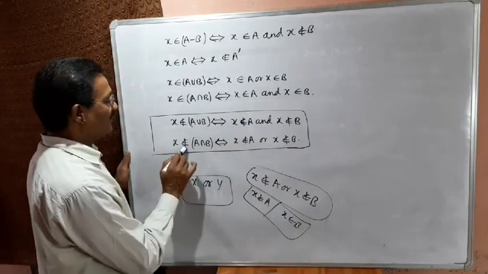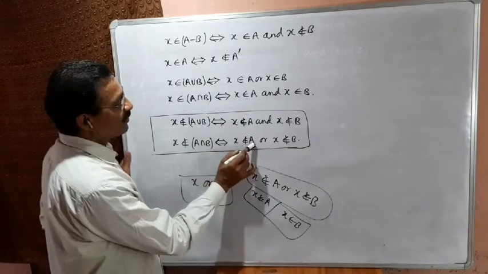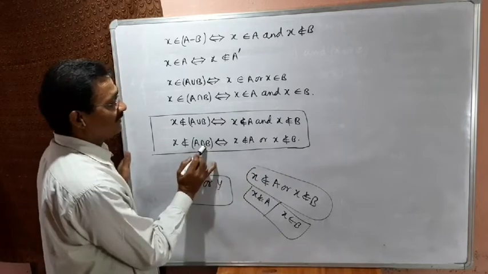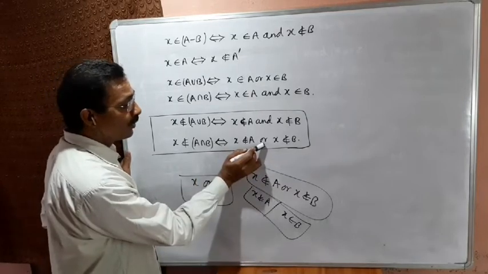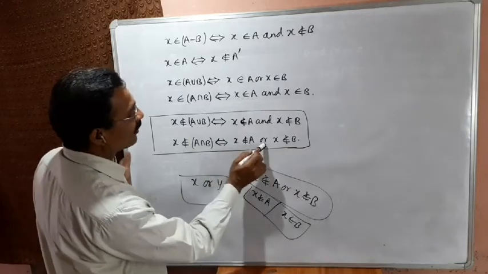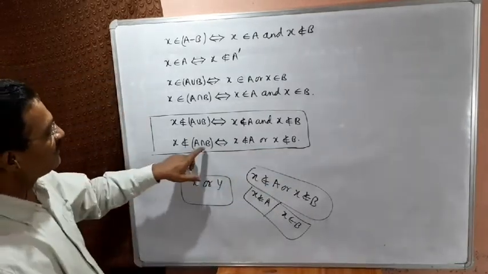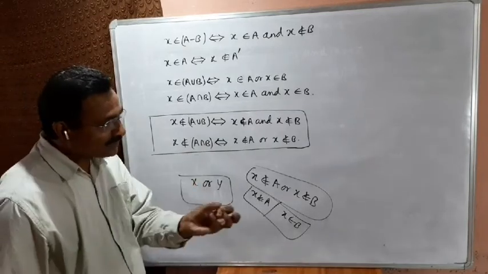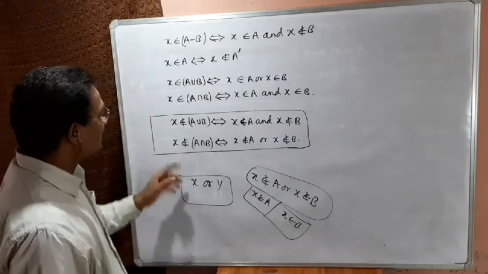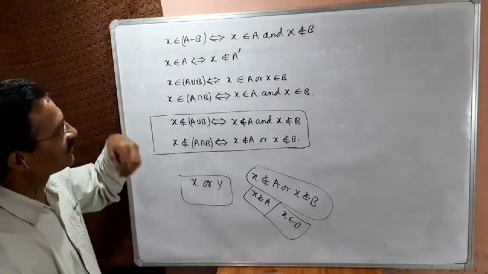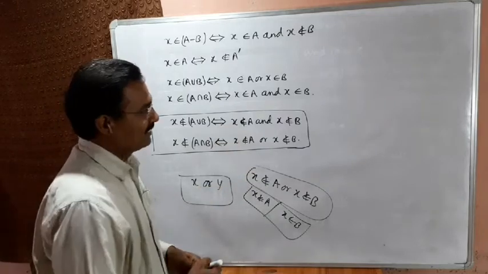Similarly, if x does not belong to A intersection B, this implies x does not belong to A or x does not belong to B. Intersection changes into or. Again think, x does not belong to A intersection B means x is not in common in A and B. Obviously this will happen if x is not present in either of the two sets.